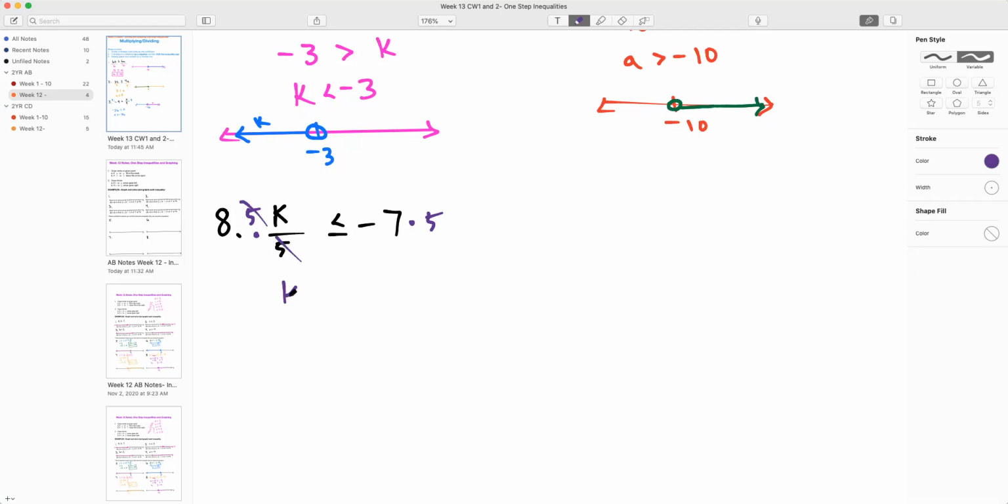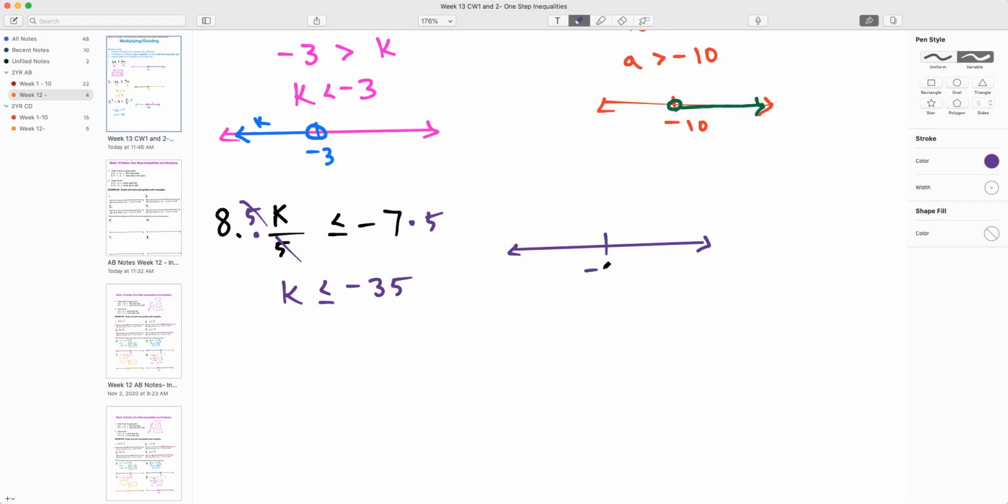5's cancel here. K is now by itself. Now, we have k is less than or equal to, and what is this? Negative 35. Okay? Now again, we have a negative over here, but we didn't multiply both sides by a negative. If we multiplied both sides by a negative, we would have had to flip this, but we don't, and k is on the left side, so that means we can just graph our answer because we have it.